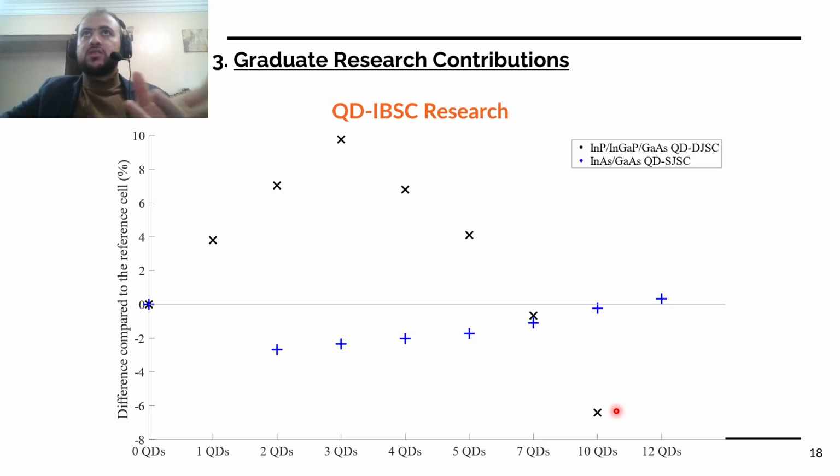However, we notice somewhat the opposite direction in indium arsenide, gallium arsenide solar cells. By adding quantum dots to the cell, we immediately see a drop in conversion efficiency, which recovers gradually until we start seeing some conversion efficiency enhancement, as we have seen in Christopher Bailey's dissertation, and here we can also prove that.